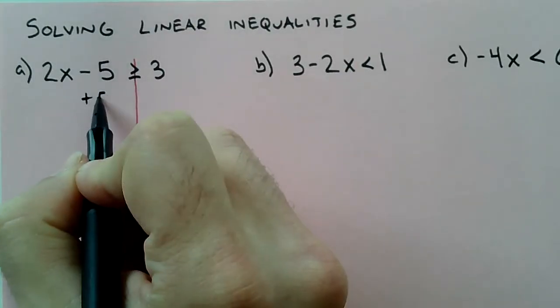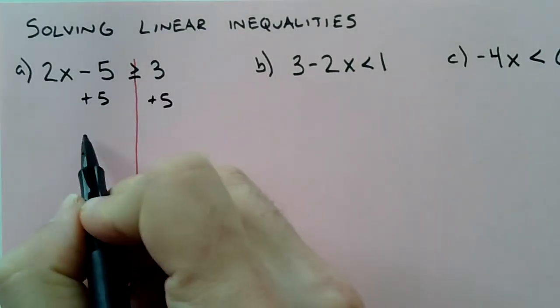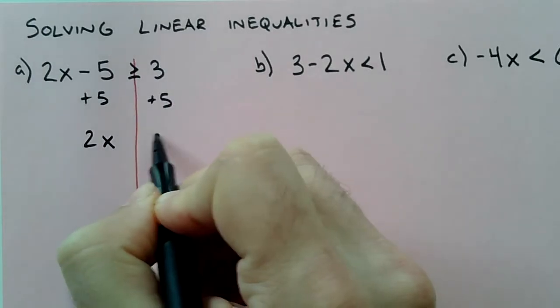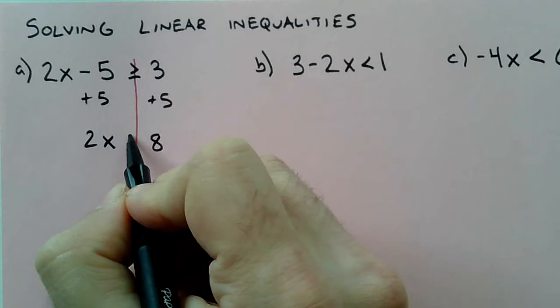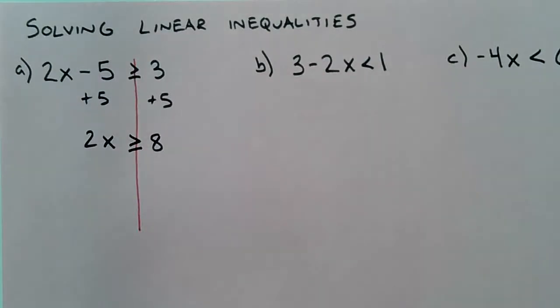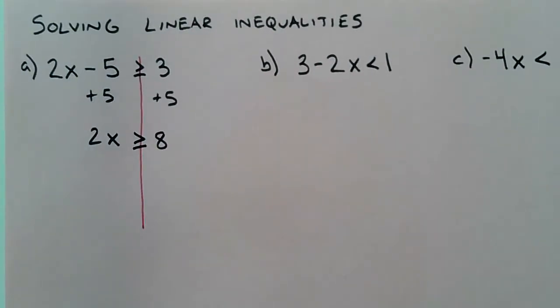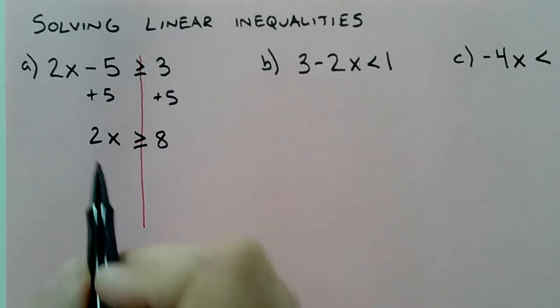So we're going to add 5, bring down my 2x, makes 8. Because it's an inequality symbol, it stays the inequality symbol, greater than or equal to. Students often want to change them to equal signs or do so just kind of through habit. So that's something you want to be careful on when solving.